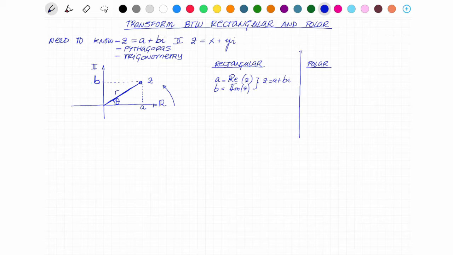Whereas the polar one, let's make a line there to divide it, is the one in which we talk about it as a vector. So that has a modulus, which is r, and an argument, meaning an angle, and that allows me to call the number r theta.